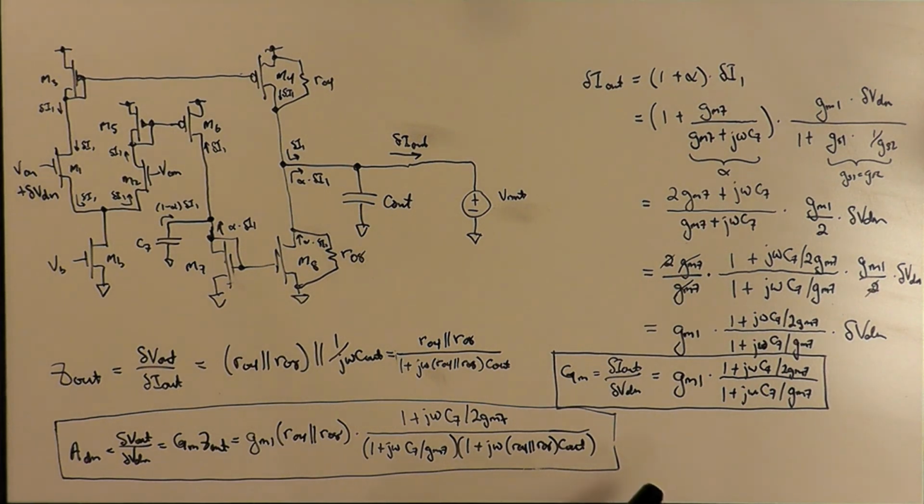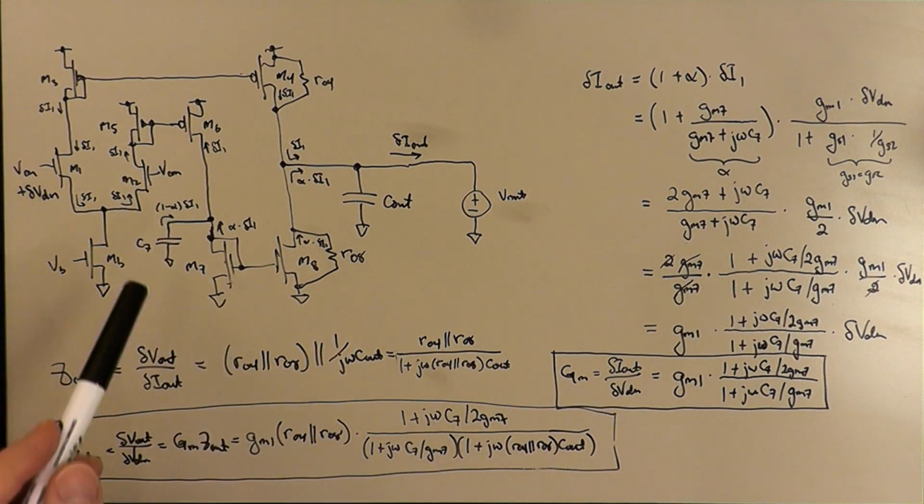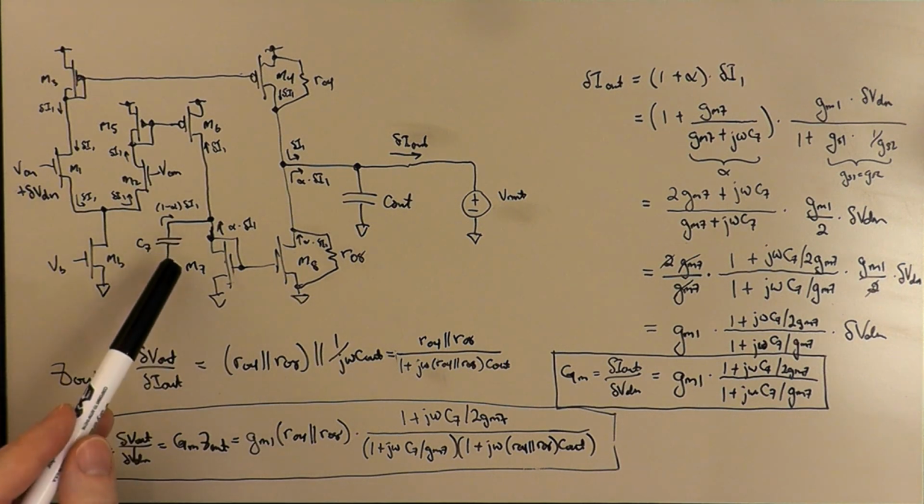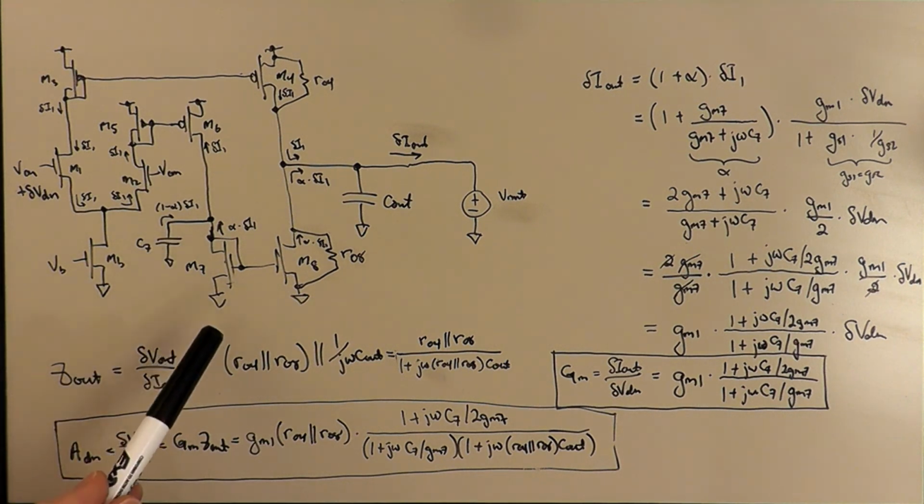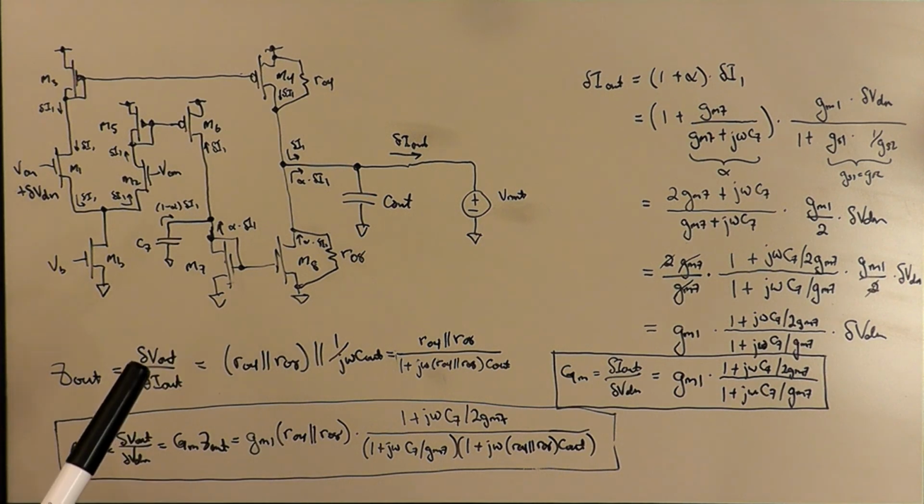You can say, okay, well now where could that pole come from, and try different things, putting them into your model and figuring out what circuit parameters those corner frequencies are associated with.